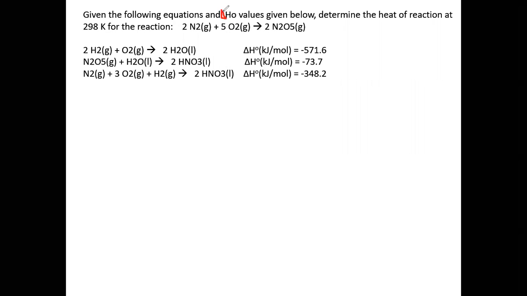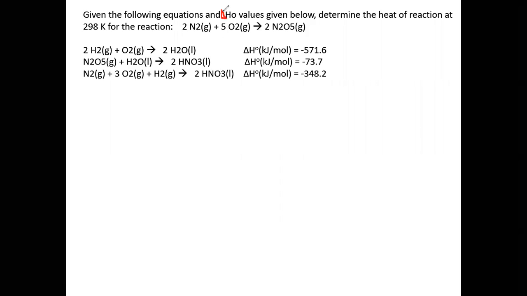So we have this reaction, the synthesis of dinitrogen pentoxide. We want to know the delta H of this reaction, and we're given 3 reactions or 3 equations where the delta H is known to determine the delta H of the equation for the synthesis of dinitrogen pentoxide.